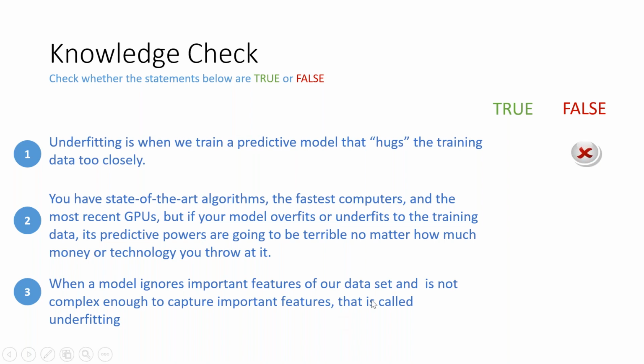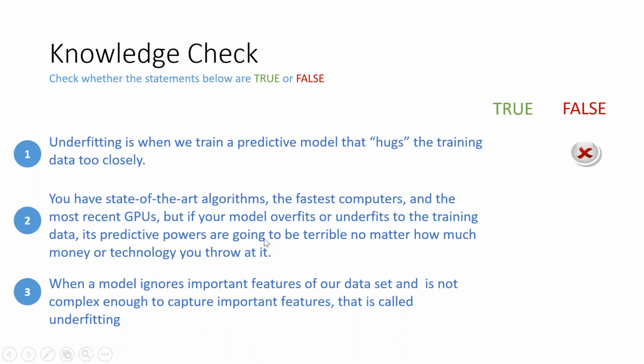Good. The second point: you have state-of-the-art algorithms, the fastest computers, and the most recent GPUs. GPUs are graphical processing units. But if your model overfits or underfits to the training data, its predictive powers are going to be terrible, no matter how much money or technology you throw at it.